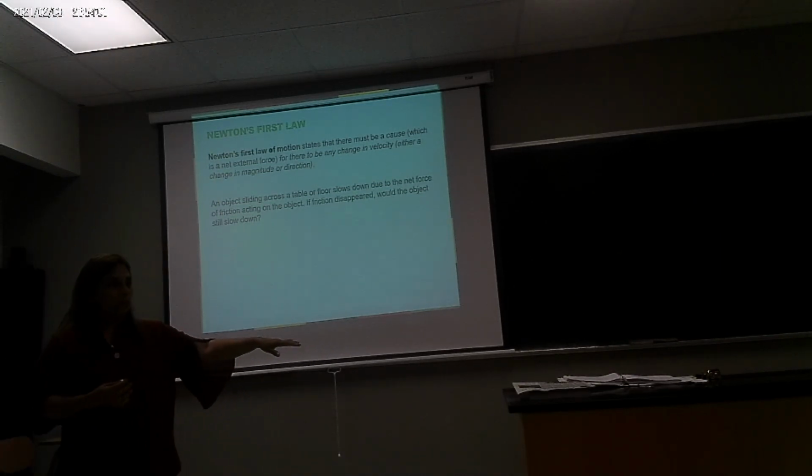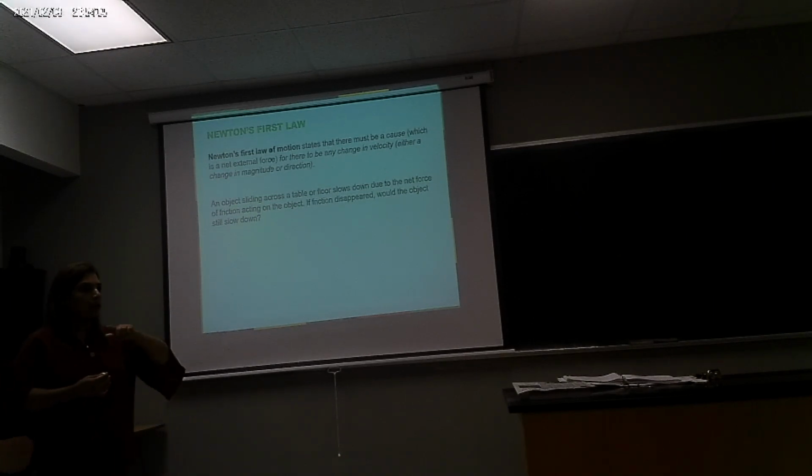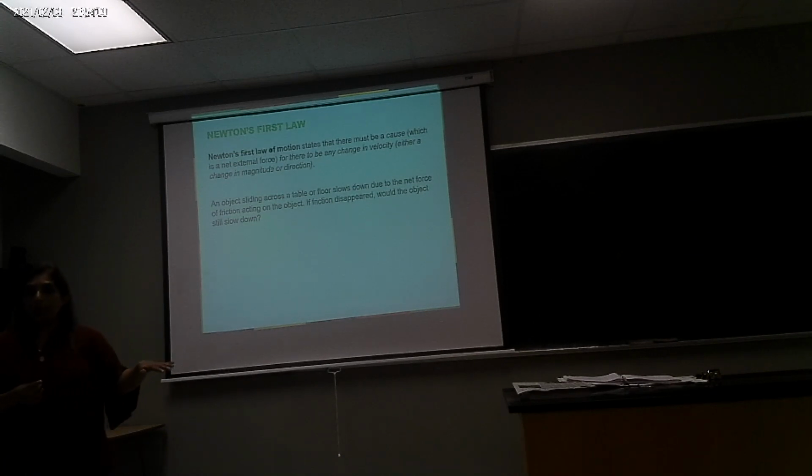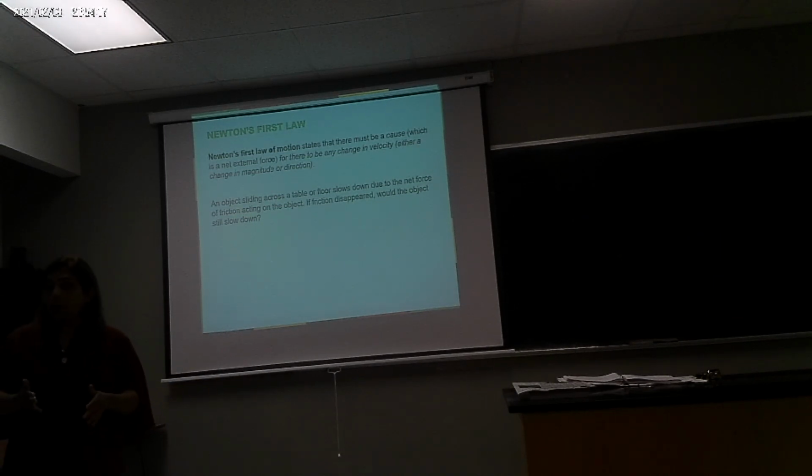If I leave this book here, and I come back for my Friday class, Monday class, several weeks later, and if nobody has moved this book from the table, I must be able to see this book on the table. Why didn't it go anywhere? Because it cannot go anywhere on its own. There must be some external force which will change its position. When it changes its position, it can change its velocity.